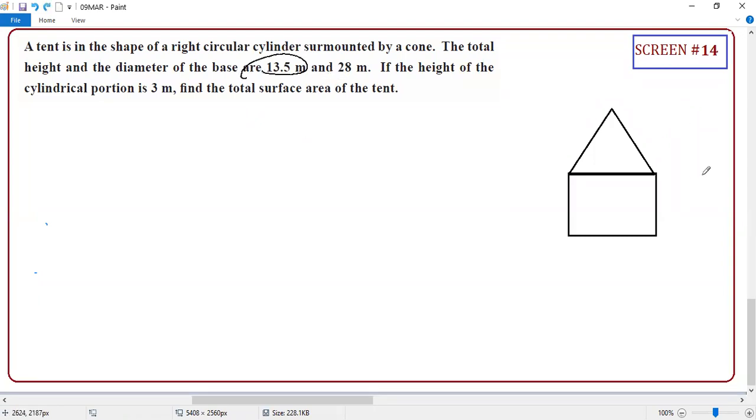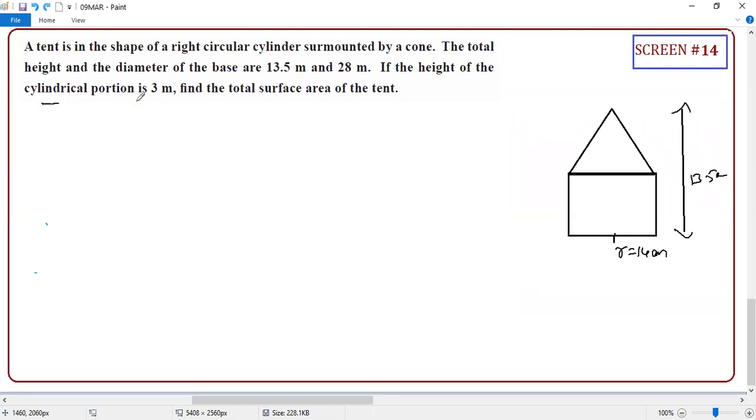So, guys, total height is 13.5. And the radius is what? Sorry, the diameter is 20, which means radius is what, student? 10.